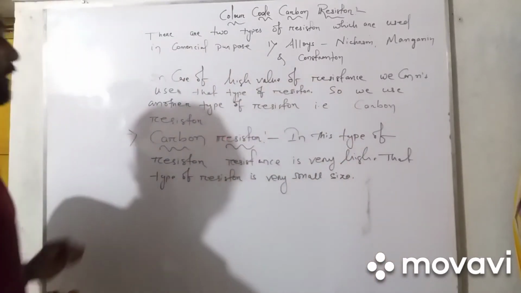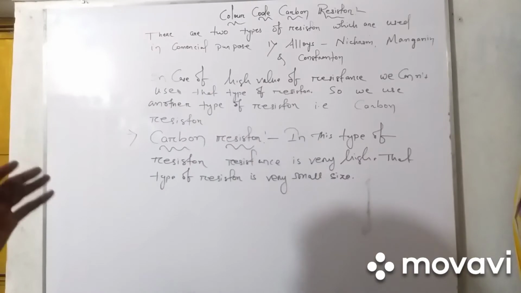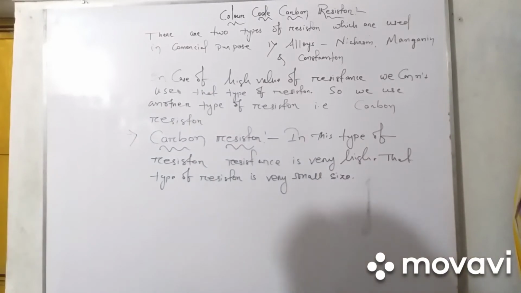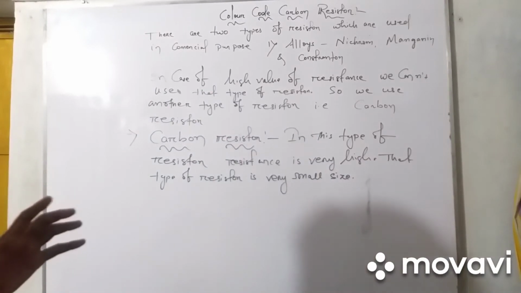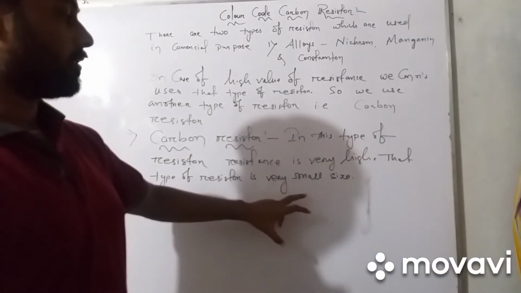Clear? So a carbon resistor means its resistance is very high, and also its size is very small.